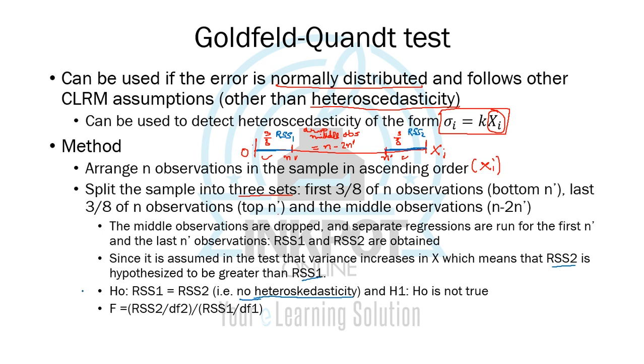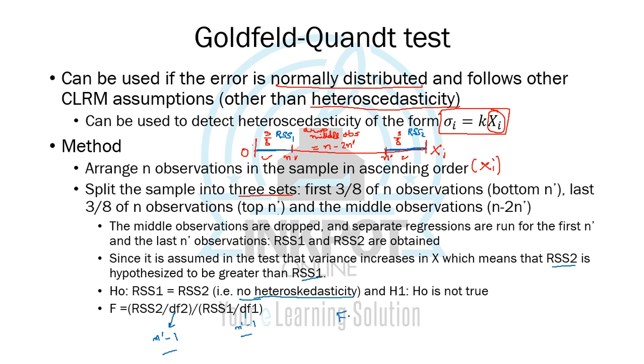So we then construct an F statistic, which basically is RSS2 over its degrees of freedom divided by RSS1 over its degrees of freedom. So in this case, let's say if there is only one explanatory variable, this will be basically n prime minus 1, and same here as well, n prime minus 1. Okay, and so basically we construct this F statistic, and we look for the critical value.